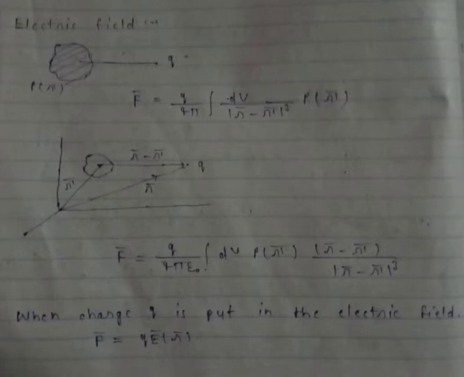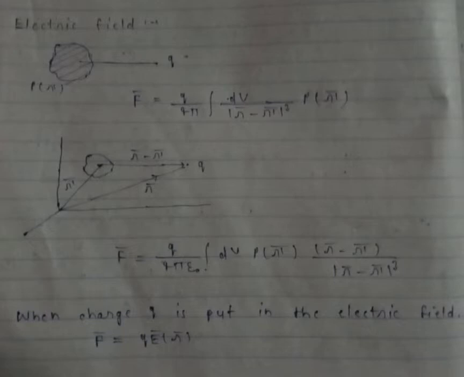Notice what we are saying is, even if this charge is not there, due to the presence of this original charge distribution, a field is created. By field we mean at every point there is a vector pointing in a certain direction, and when I put an extra charge on this, it creates a force.